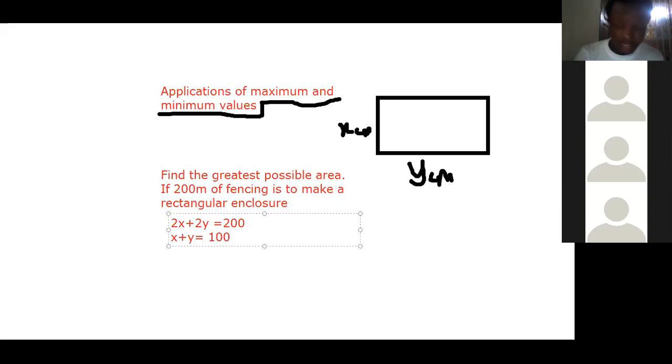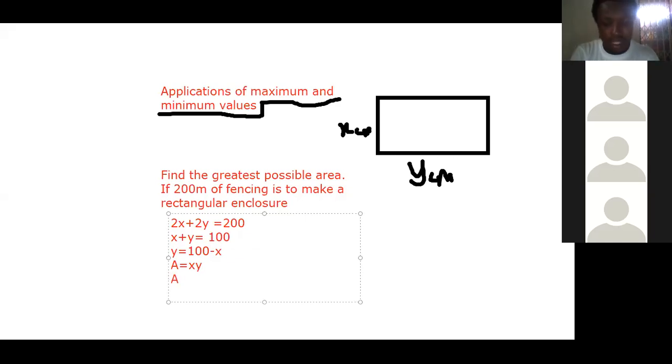So we can now say that y is equal to 100 minus x. From here, the question also says to find the area of the fence. The area of a rectangle is xy, but we know that y is equal to 100 minus x.